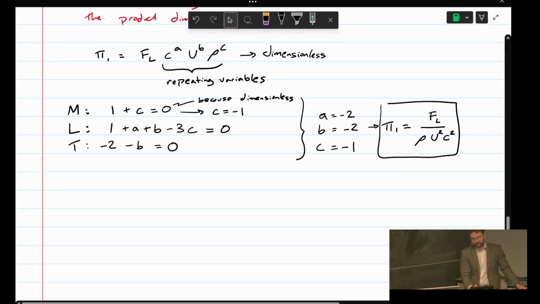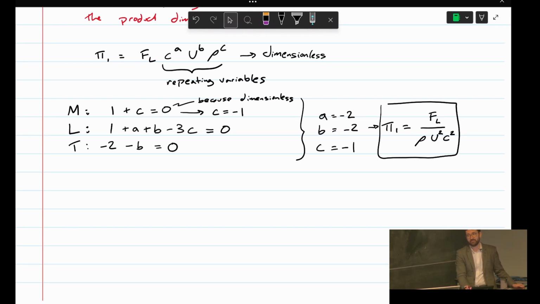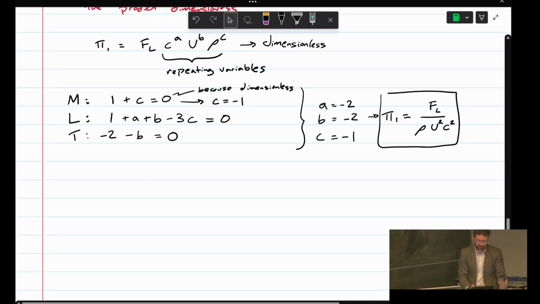Does someone recognize this non-dimensional group? Or is it close to some that you've already seen? Yep. Yeah, it's pretty close to lift coefficient, right?